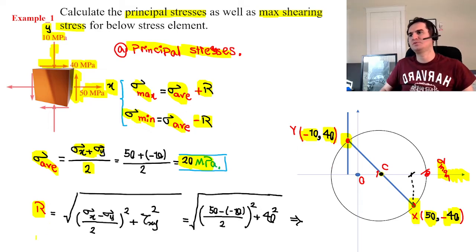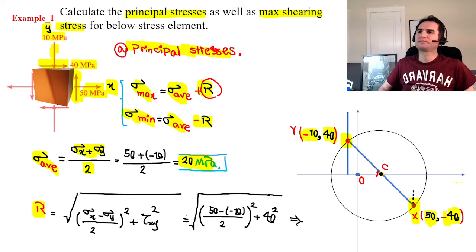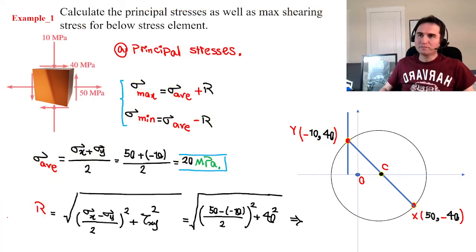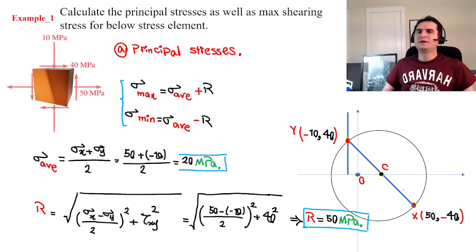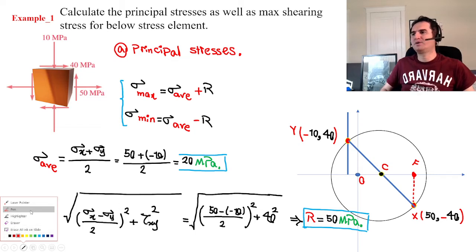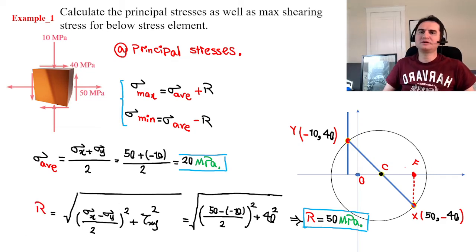Now we just need the numeric value of R. If you call this point F, in this triangle, R, the hypotenuse, is the square root of XF squared plus CF squared.